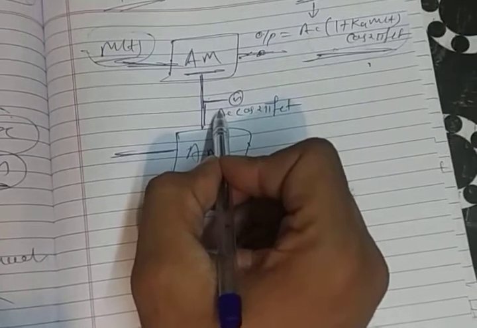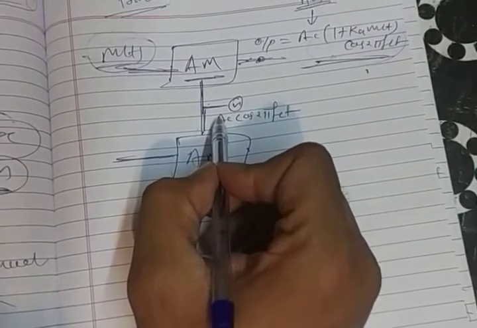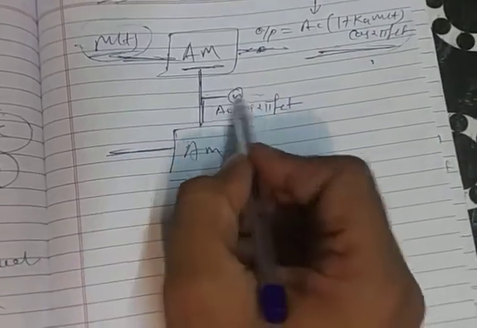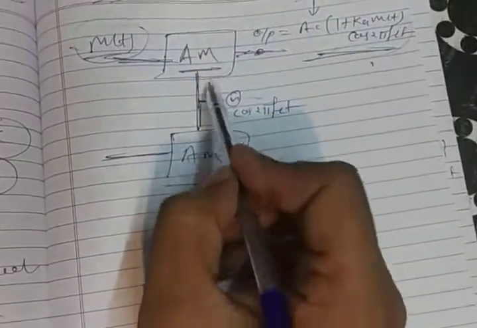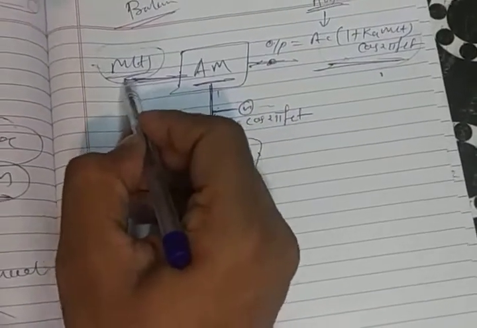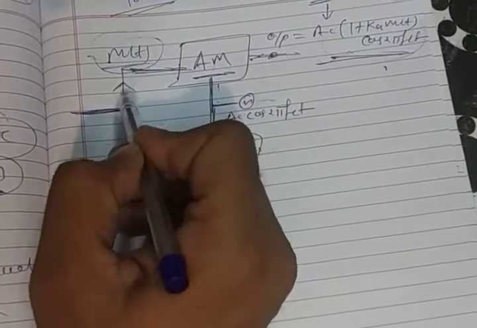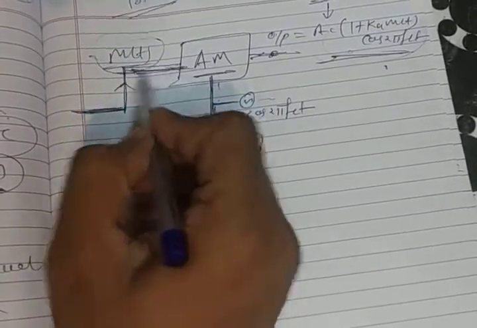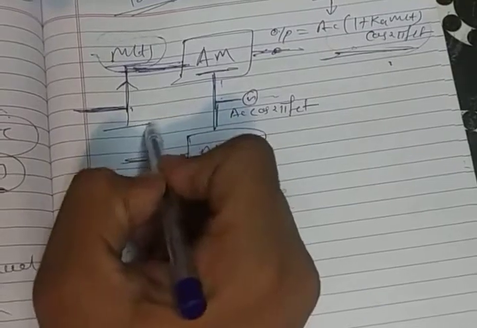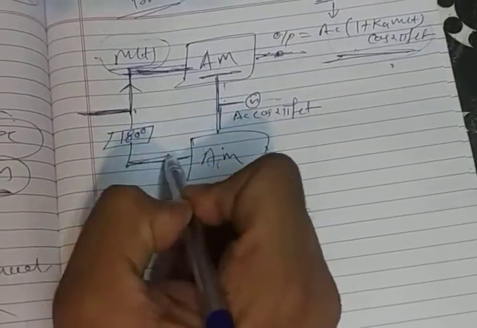This Ac cos 2 pi fct is connected with both AM modulators. Now this m of t, first of all this m of t is 180 degree phase shifted.